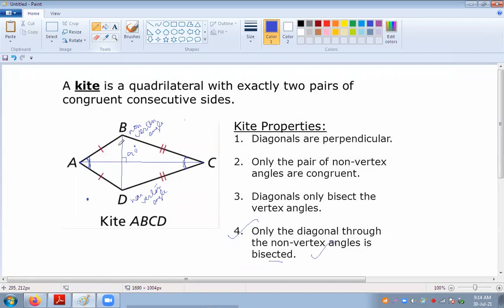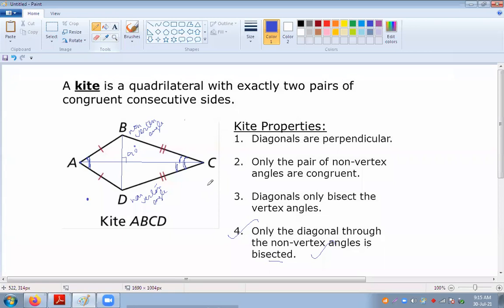But BD is not bisecting the angles, because you can see clearly that this side of the angle and this side of the angle are not the same. This side is a little smaller. That means these are not bisected properly. But if you see the AC diagonal, you can clearly see that this side of the angle and this side of the angle are exactly equal.